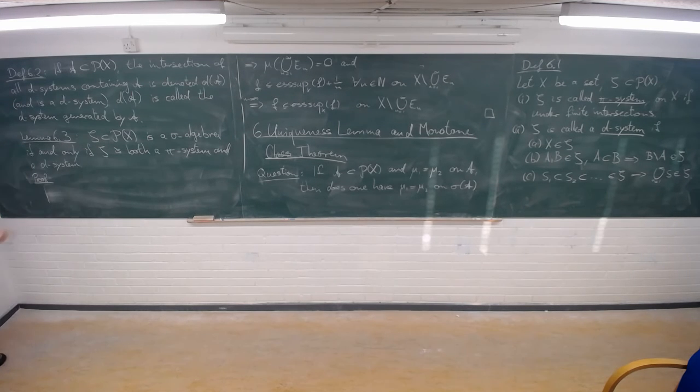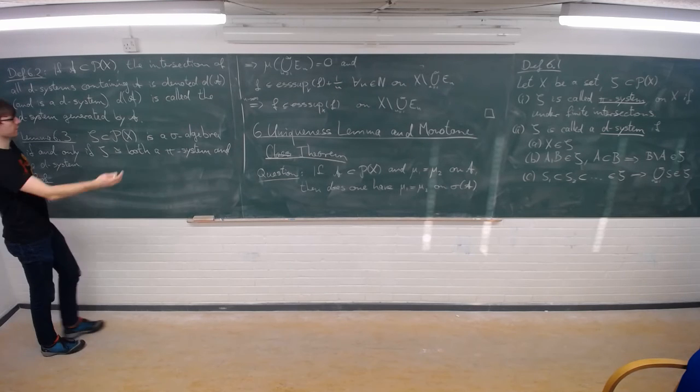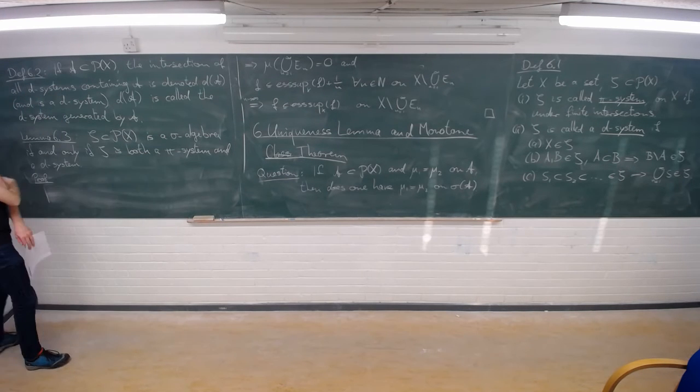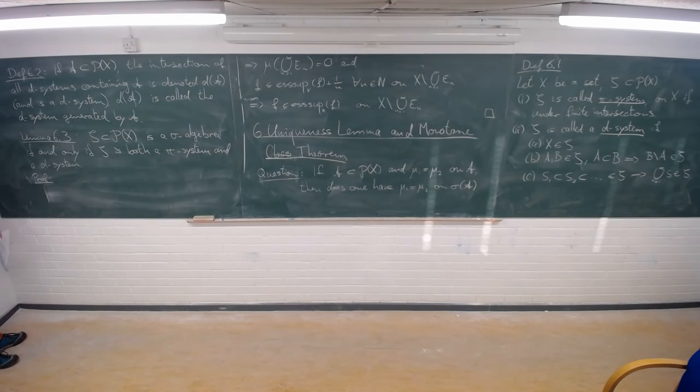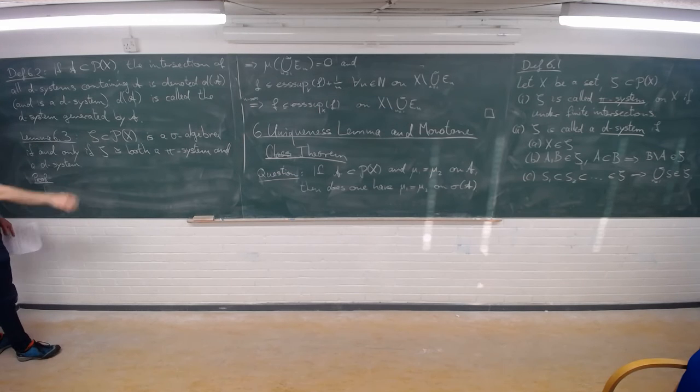Right, so here's the connection between these strange pi systems and D systems and the sigma algebras which we're used to. Namely, a set is a sigma algebra if and only if it's both a pi system and a D system.